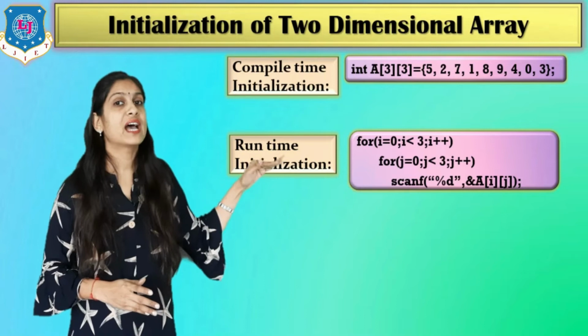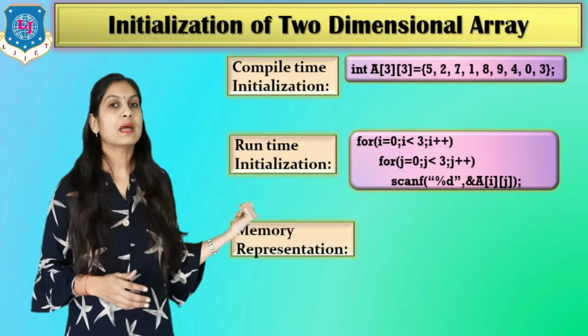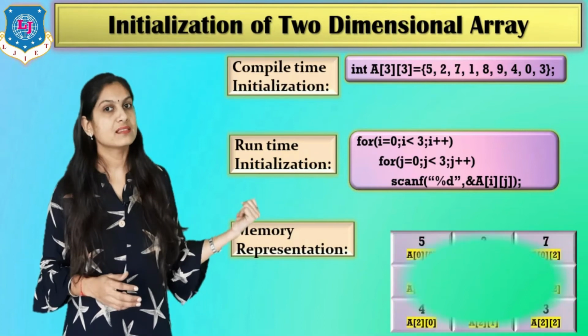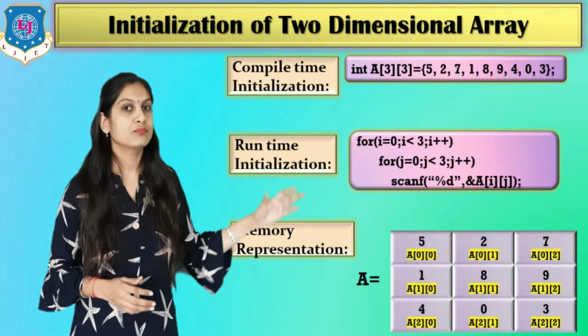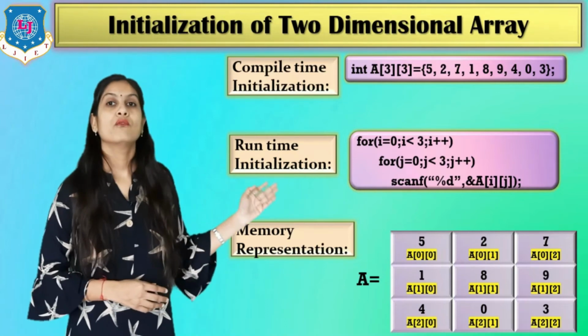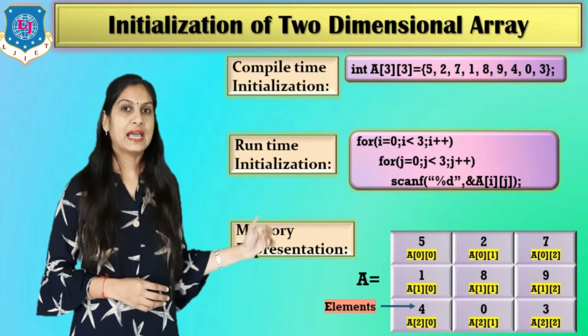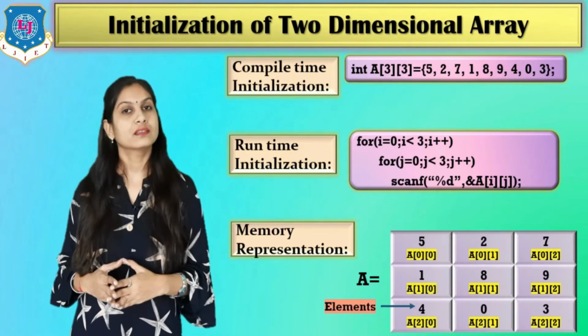This method we are using in our practical session, and then the memory representation is the same as previous, only we have put the values of compile time initialization, that is 5 2 7 in the first row, then 1 8 9 in the second row and 4 0 3 in the third row.